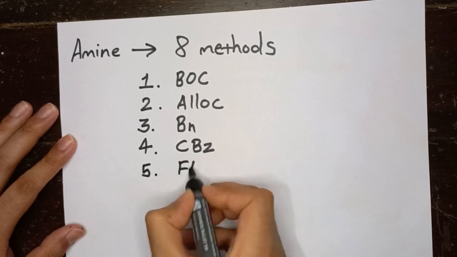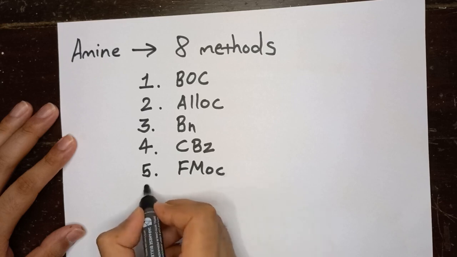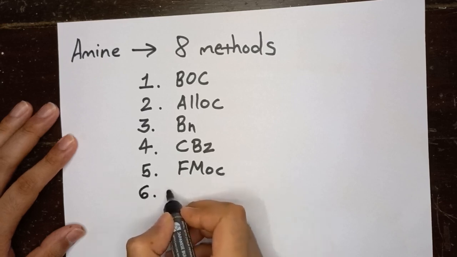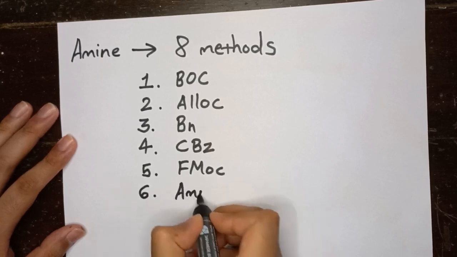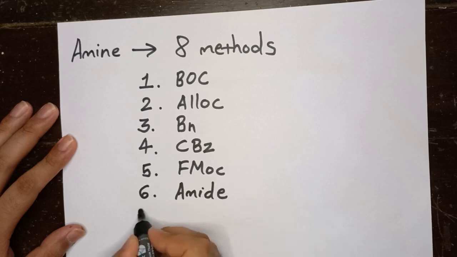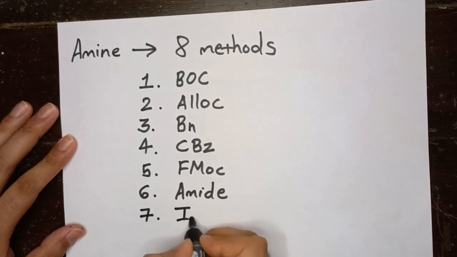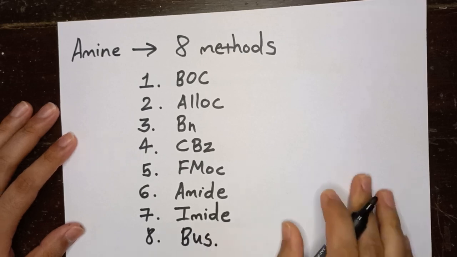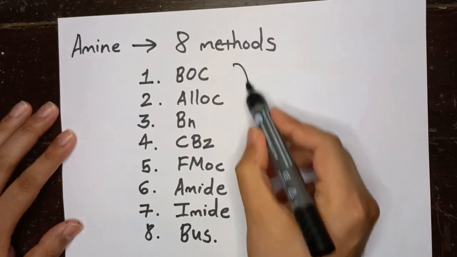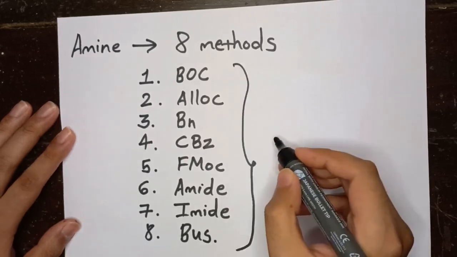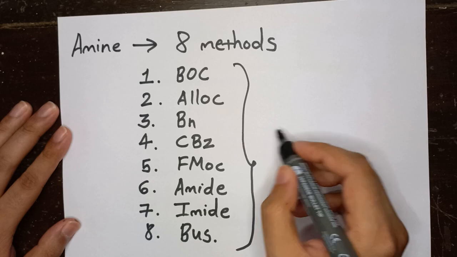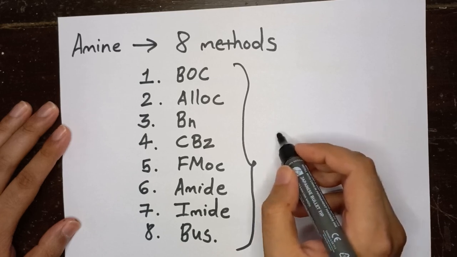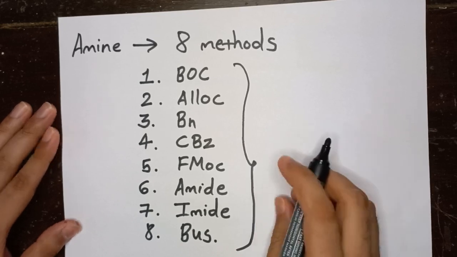Fifth we have Fmoc protection. Sixth we have amide protection. Seventh we have imide protection. And finally the 8th one is called Bus protection. So to protect amine we have a total of 8 methods, and now we are going to see all of them in detail. We will see protection as well as deprotection.